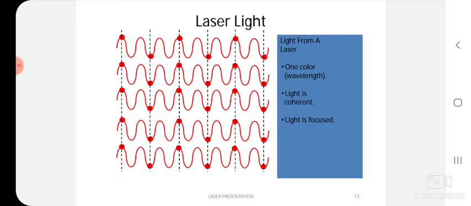It means a crest is overlapped by another crest, a trough overlaps with another trough. All the light is in phase, coherent. That's why it is called a coherent source, monochromatic source, and well focused, or divergence is very less in case of laser light.